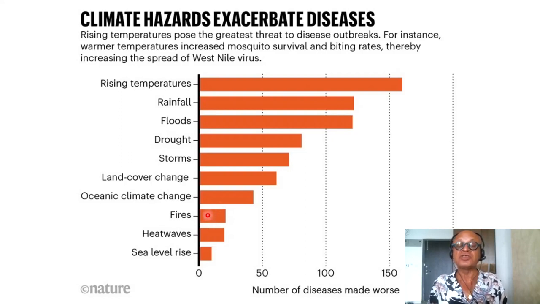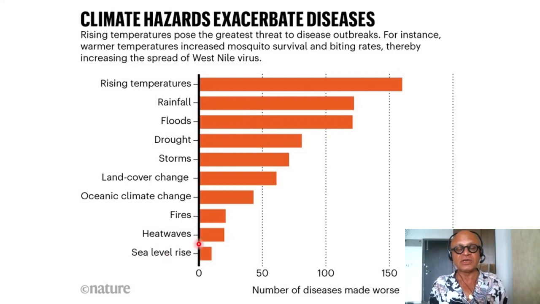Droughts can also cause other issues of food security, nutrition, water shortages, and so on. Heat waves, of course, have direct impact on human health, mortality, and morbidity. A lot is understood about heat waves, and of course, climate change is making the duration, intensity, and frequency of heat waves worse in many places, and that's true of rainfall and floods and droughts as well.